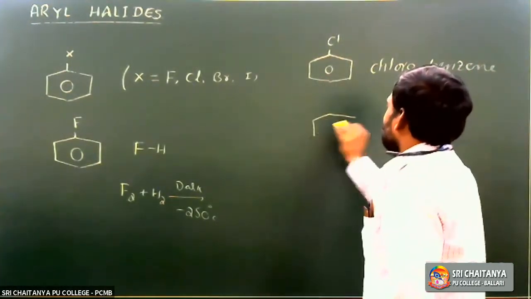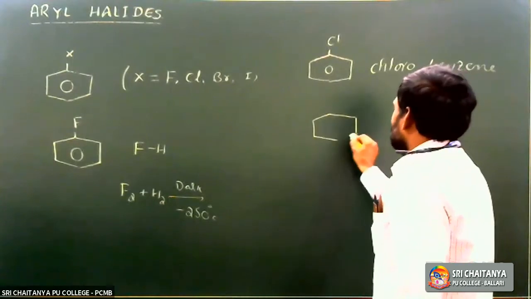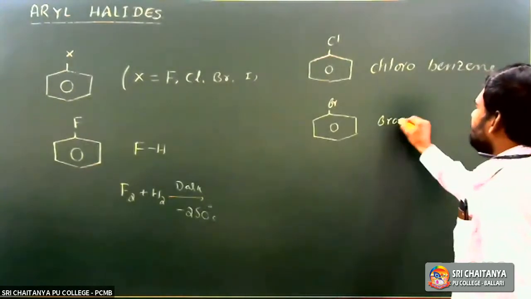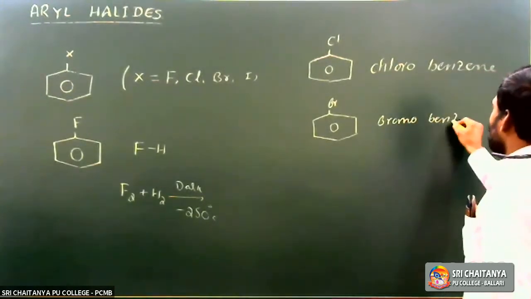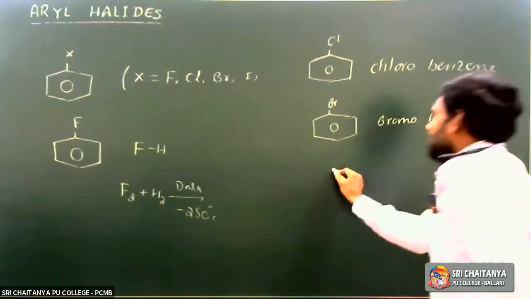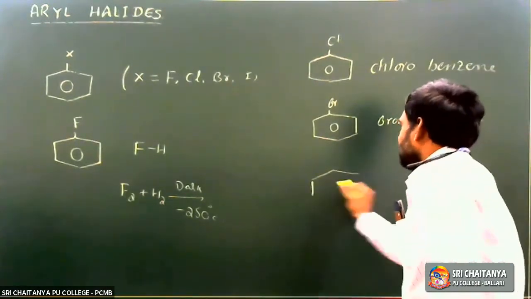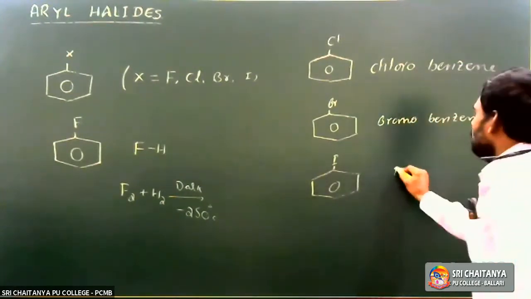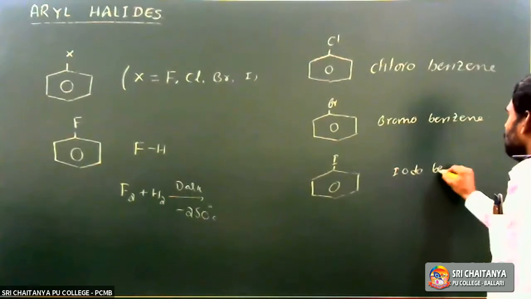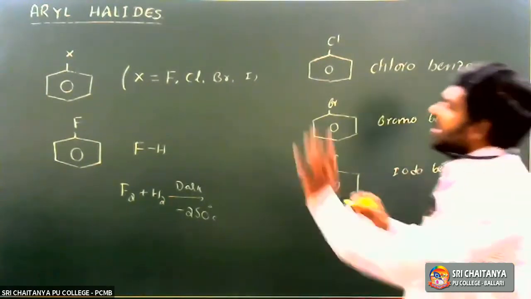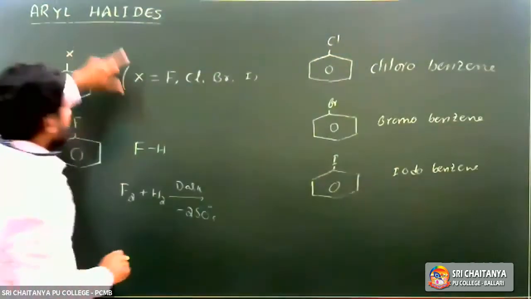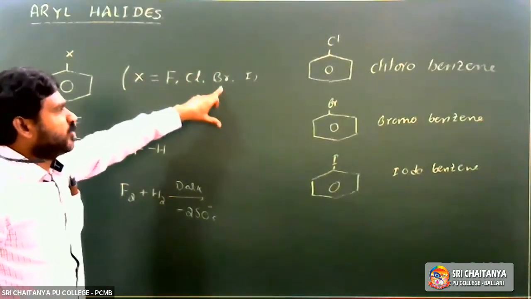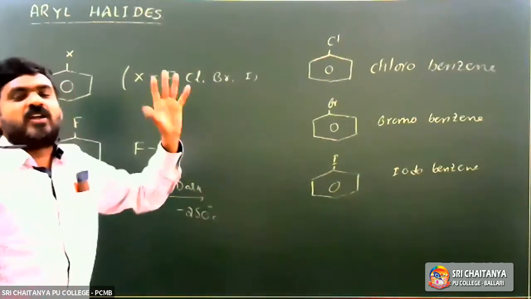These are examples of aryl halides: fluorobenzene, chlorobenzene, bromobenzene, and iodobenzene. Aryl means benzene ring. Halide means the benzene ring is attached with either fluorine, chlorine, bromine, or iodine; these are called aryl halides.